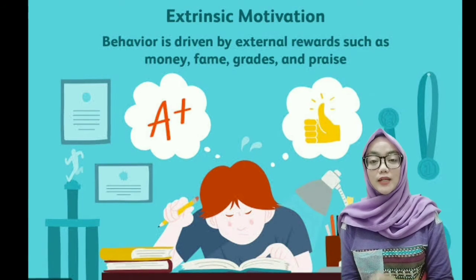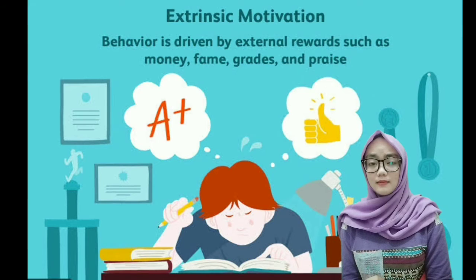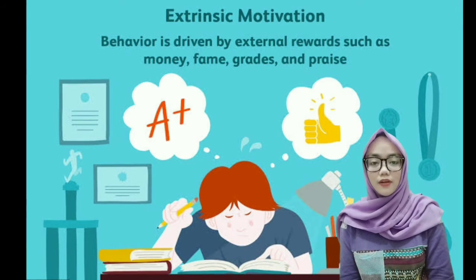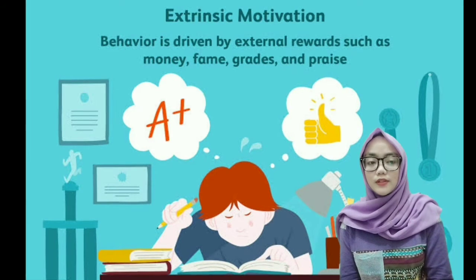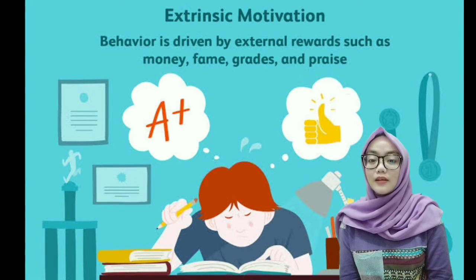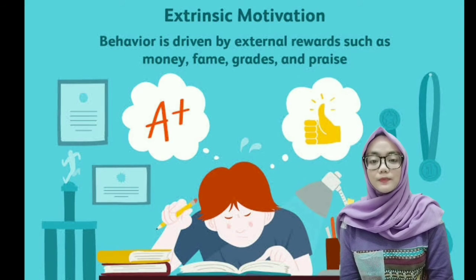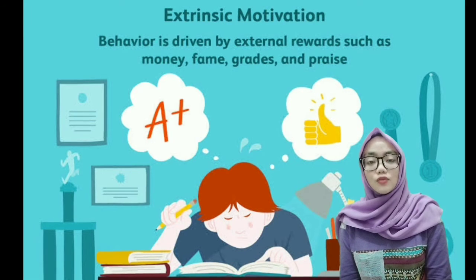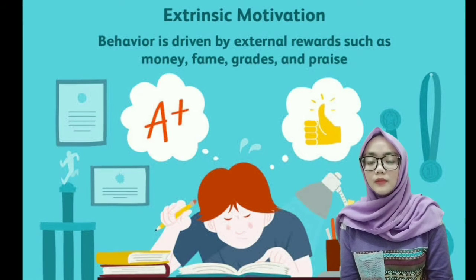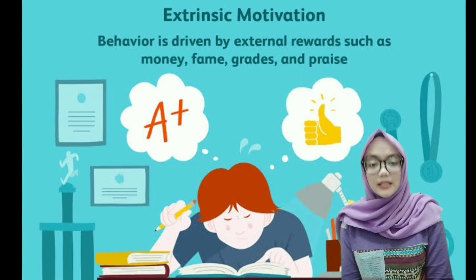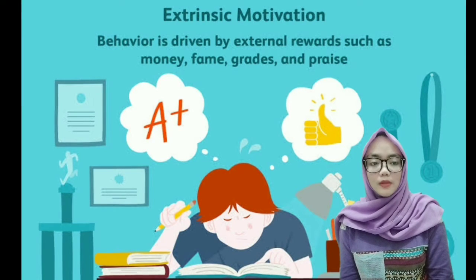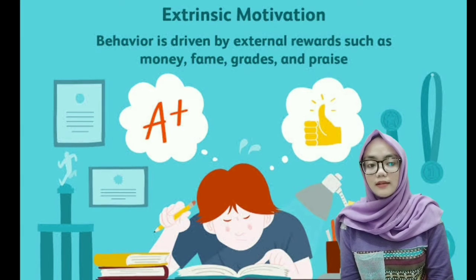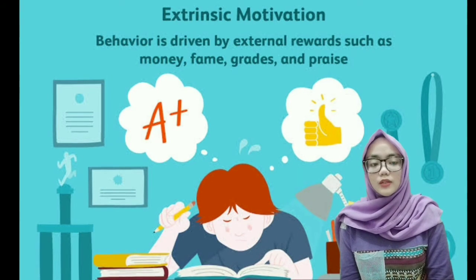So let's move to extrinsic motivation. What is it? Extrinsic motivation is behavior driven by external rewards such as money, fame, grades, and prizes. Extrinsic motivation refers to motivation that is instrumental in nature. In other words, the activity is a means to an end, but the requirement to engage in the activity is imposed on the individual and may not even be something they feel like doing.